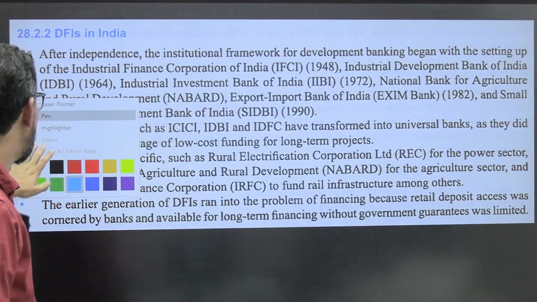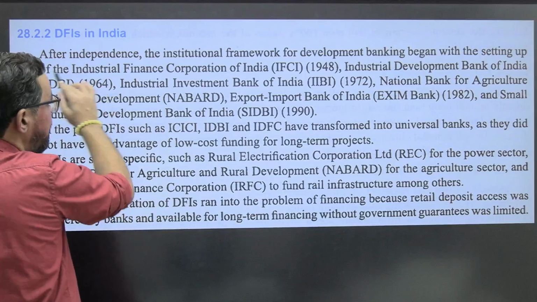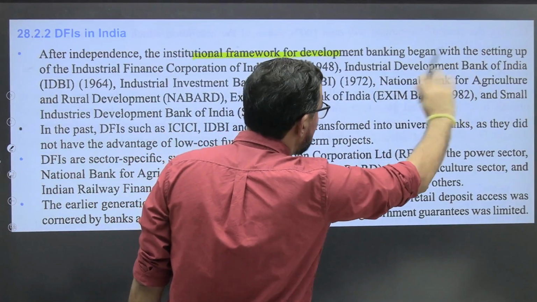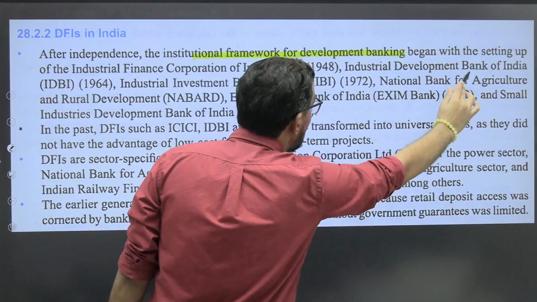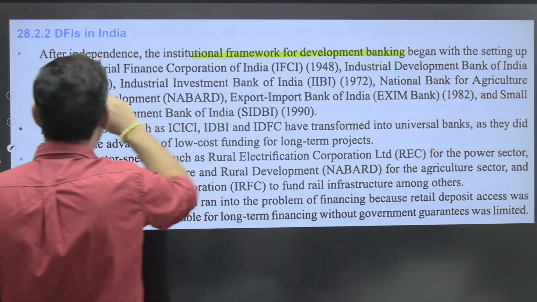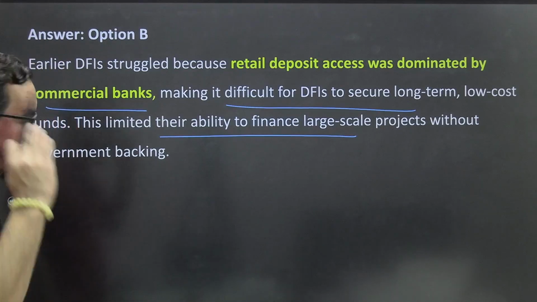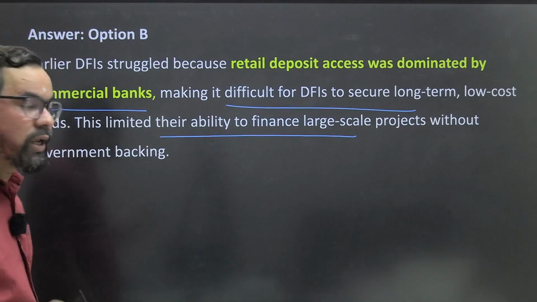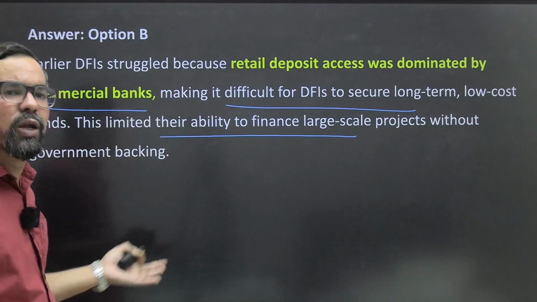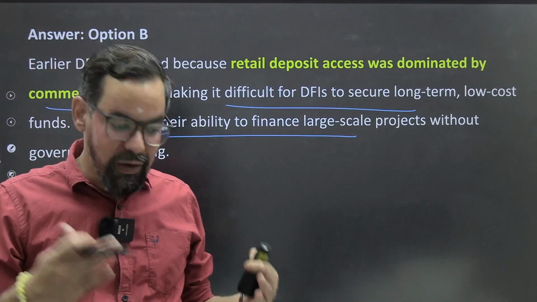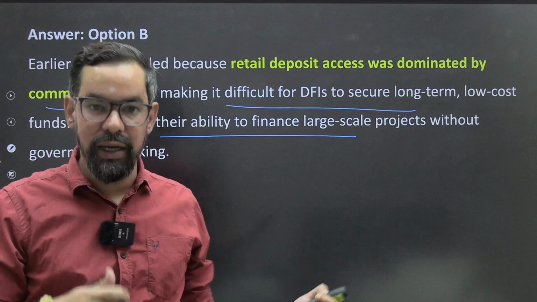All right. So DFI, after independence, the institutional framework for development financial institutions, development banking, began with the setting up of industrial finance. Sorry, it is about the DFI. I had taken this like MFI. So DFIs do not deal with retail customers.